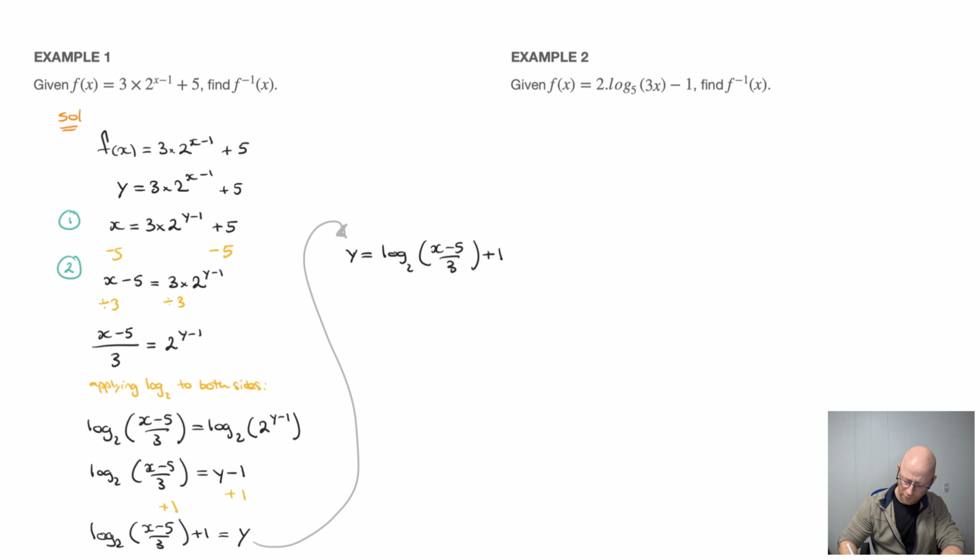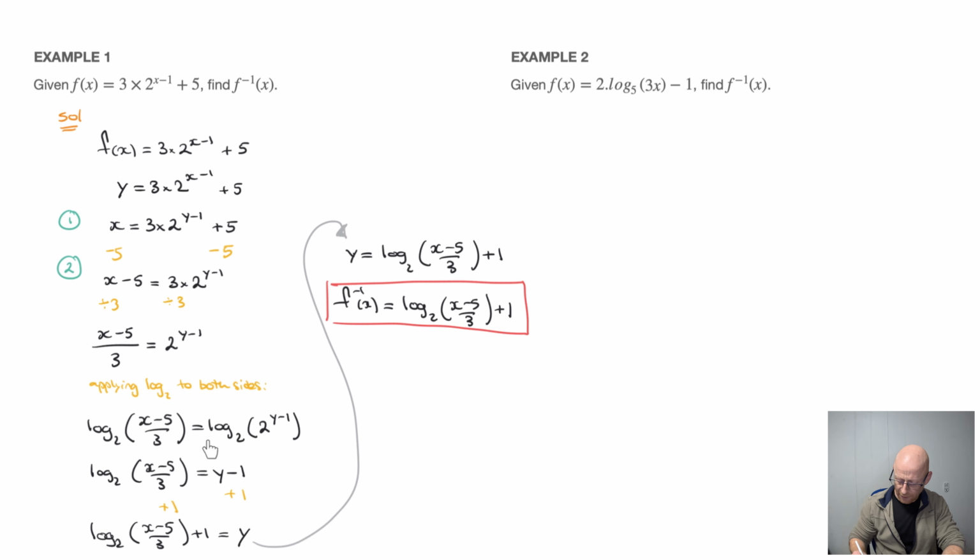And we can now define our inverse function. Inverse f of x is equal to log base 2 of x minus 5 over 3 plus 1. And that's the answer. Remember, an important step in our working here was making use of the fact that log base 2 of x and 2 to the power of x are inverses of each other.